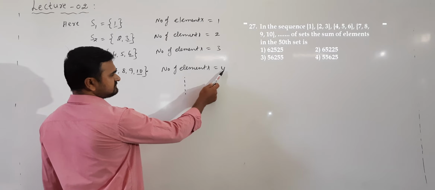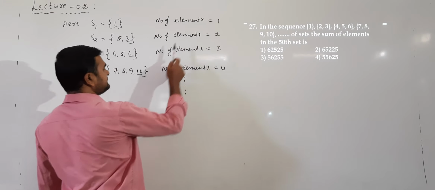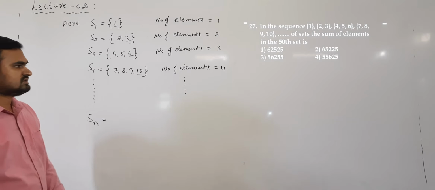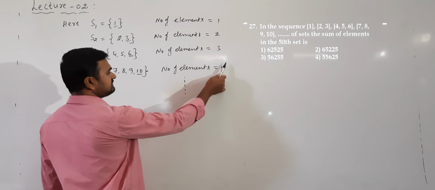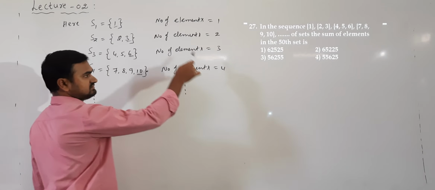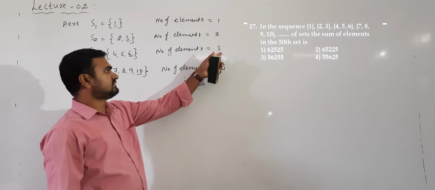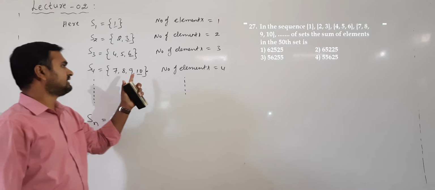We take the sum of 4 plus 3 plus 2 plus 1, which is 10. So 10 is obtained by taking the number of elements and summing them.